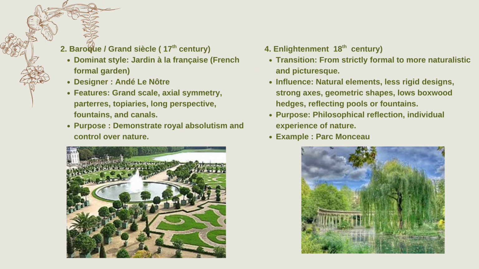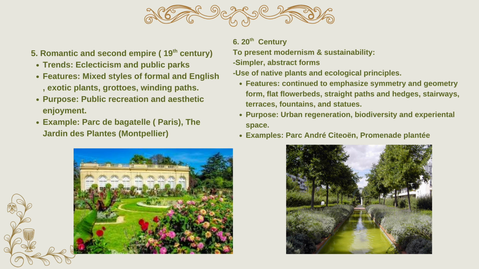The next one is Baroque in the 17th century. The purpose is to demonstrate royal absolutism and control over nature. The fourth one is the Enlightenment in the 18th century: the transition from strictly formal to more naturalistic and picturesque. This is the example in this era.